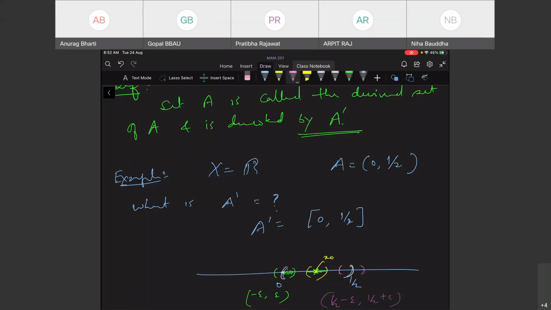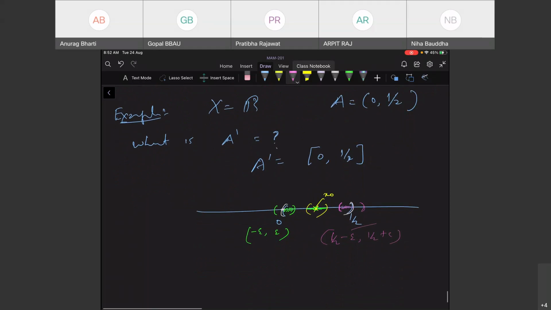When you intersect with A, you get infinitely many points, even after removing 1/2. Therefore 1/2 is a limit point.